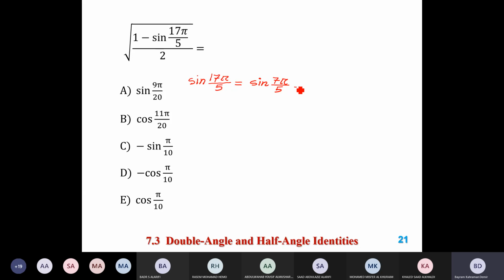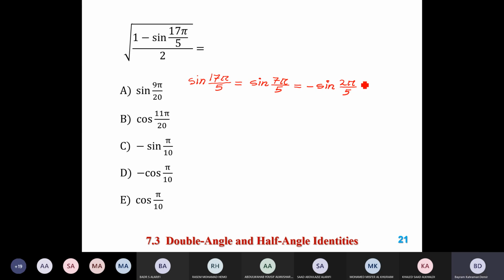Well, now let's see what I can do for sine of 7 pi over 5. Hey guys, where is this angle, Shabab? 7 pi over 5. Third? Yes, in the third quadrant. What is the reference? 2 pi over 5.